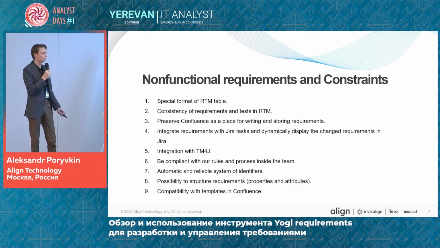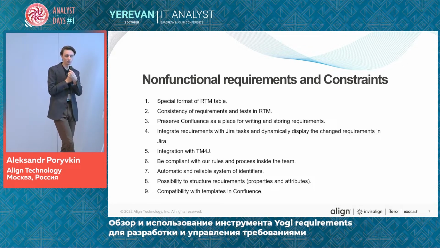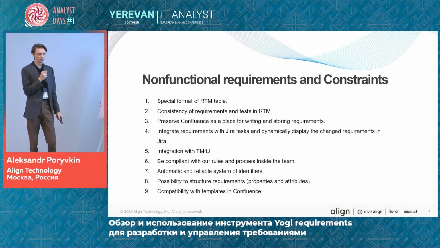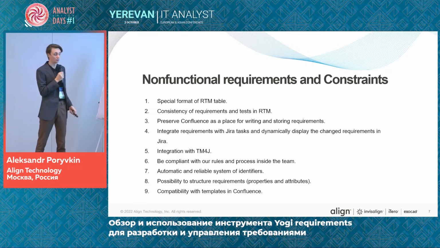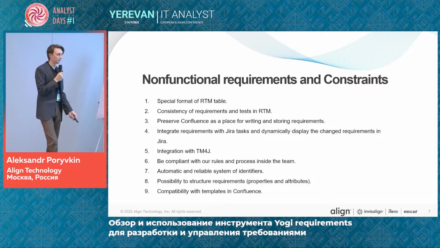Also, this should be compliant with our rules and processes inside the team. We also wanted a quite reliable and transparent system of identifiers. We didn't want to trace everything manually, so all identifiers would be unique and would help us during the task.